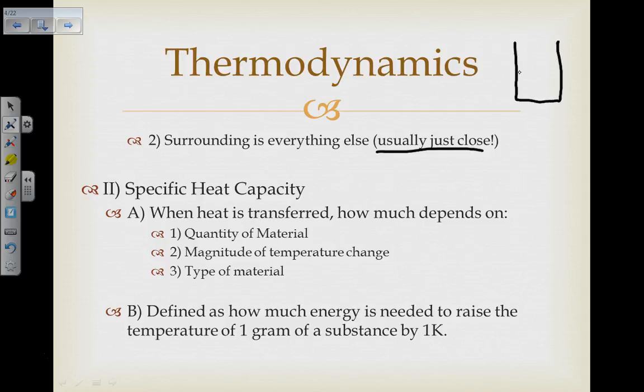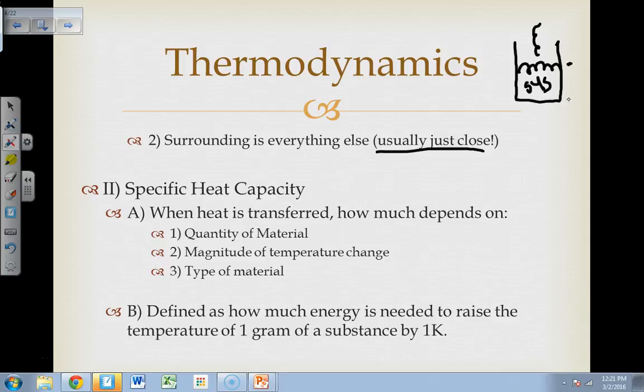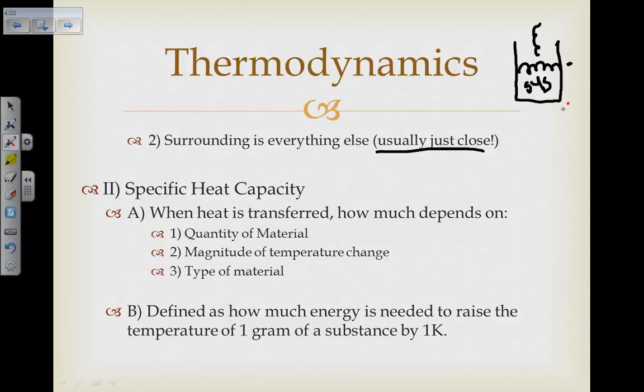If we're doing a reaction in a beaker, okay, this is your system, and everything kind of around the outside, I'll change my color here, everything kind of around the outside is the surroundings, okay? And so all of this, because heat or energy can transfer between those two things.